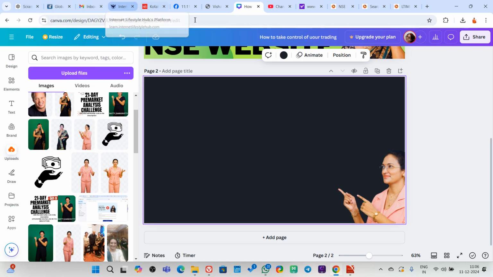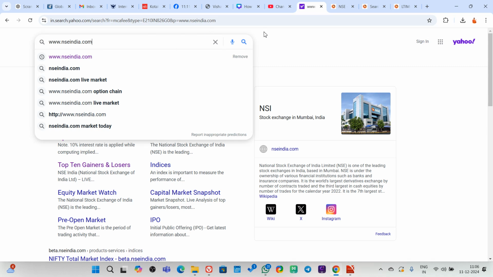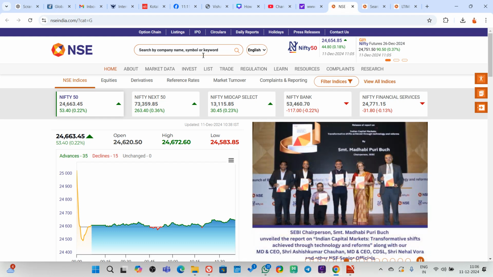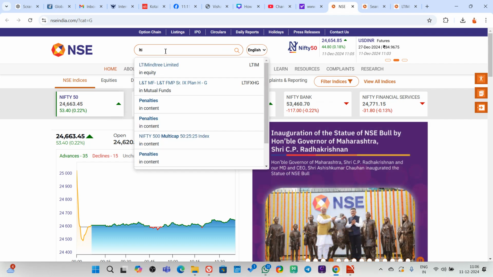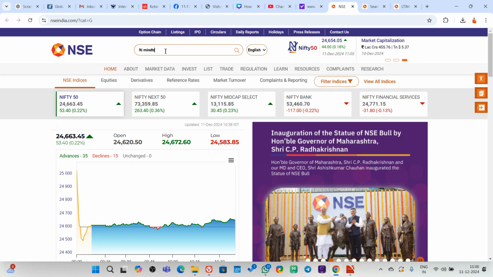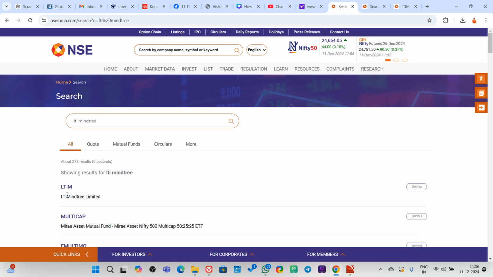Now we have to go to www.nseindia.com, then click on this. It will redirect you to this site. Here you have to type a company's name like LTI Mindtree. Search on it. So you can see LTI Mindtree Limited is here. Click on this LTI Mindtree.